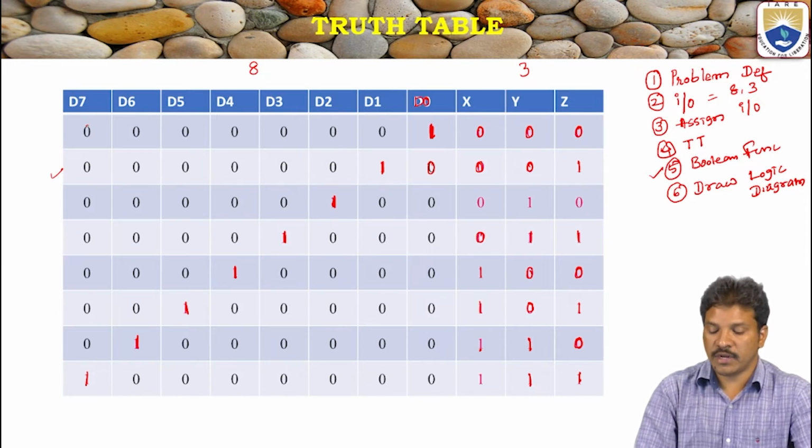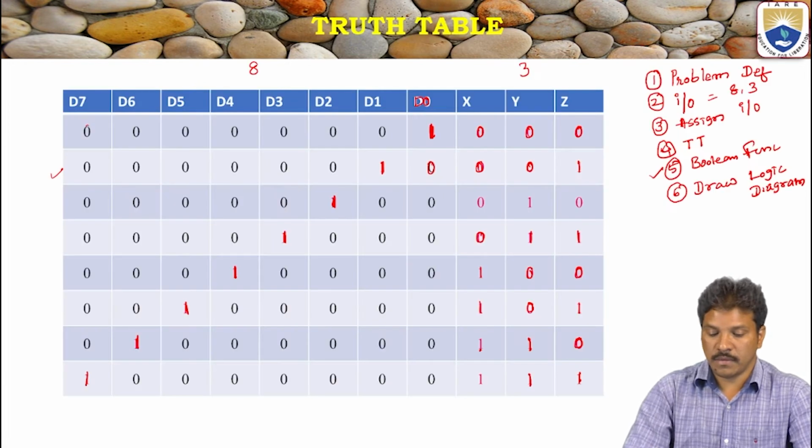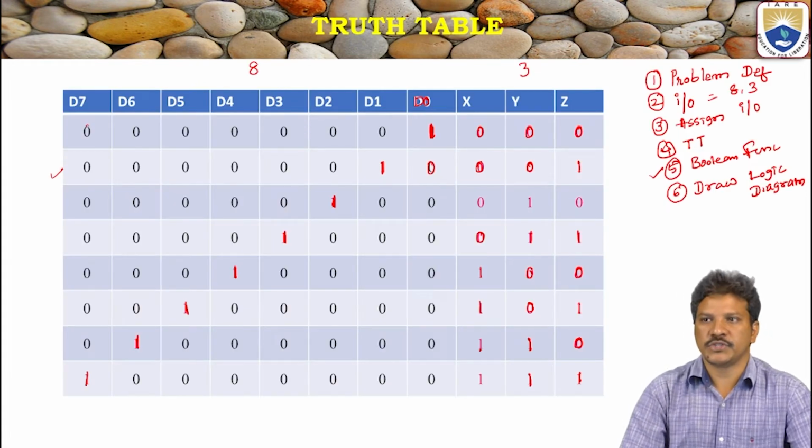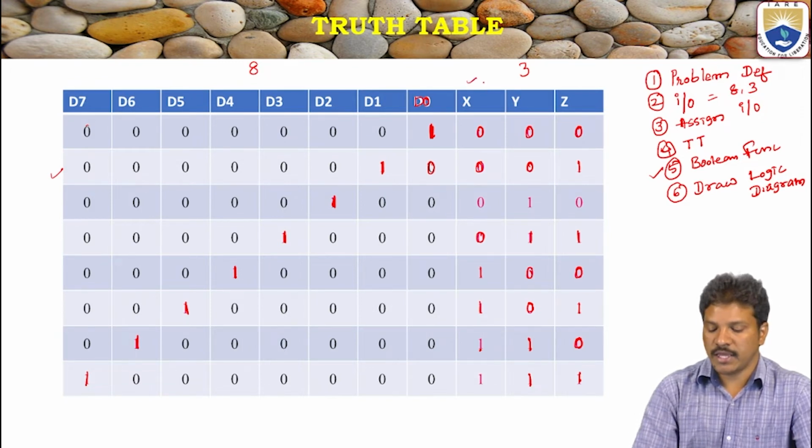So if you take this truth table, what is x? There are only 4 ones in the output column.